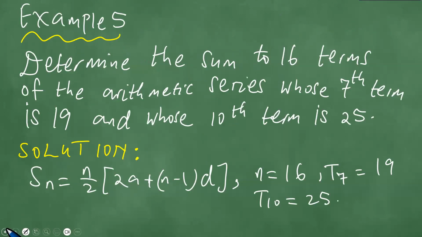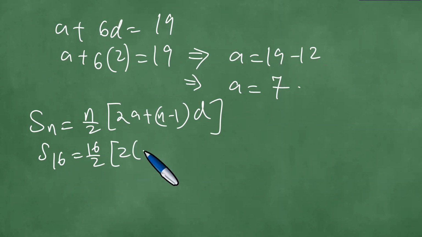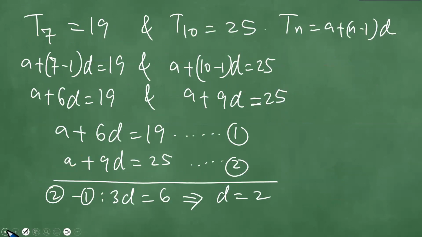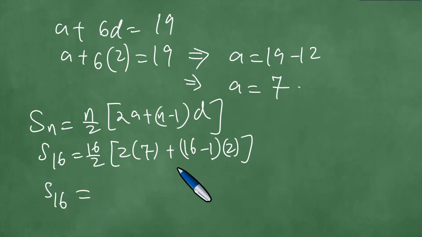So n is 16, a is 7, plus 16 minus 1, d is 2. Now we need to get the answer here. What is the answer? We need to do all these things.